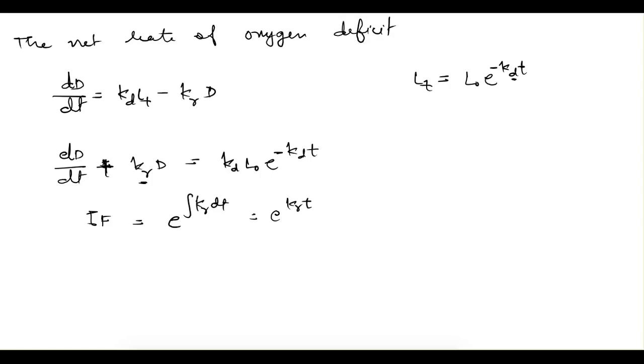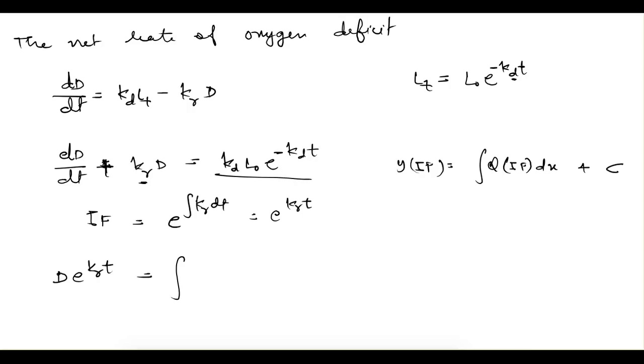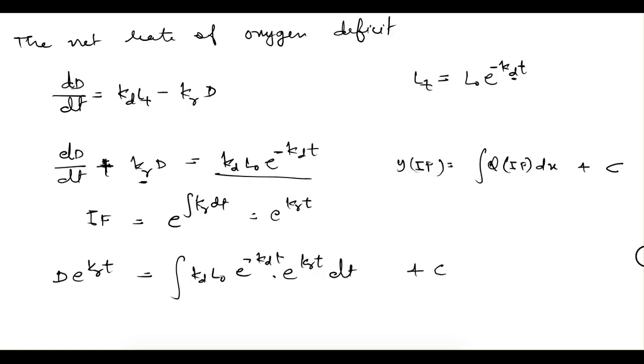Now the solution is given as, if you remember, y into integration factor is equal to the integration of Q into integration factor dx plus c. So here also we are doing the same thing. So y into integration factor, that is D into e to the power kr into t, is equal to the integration of Q, that is kd L naught e to the power minus kd into t, multiplied by the integration factor, e to the power kr into t, dt, plus a constant, that is c.